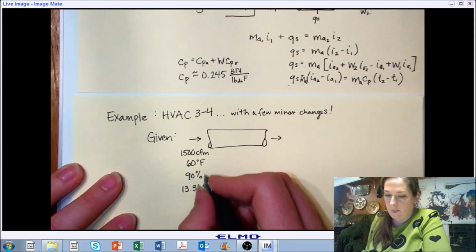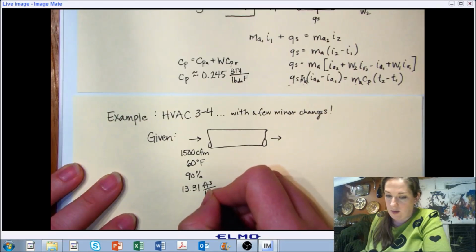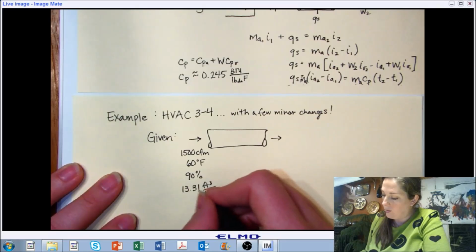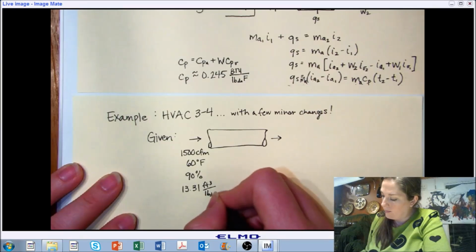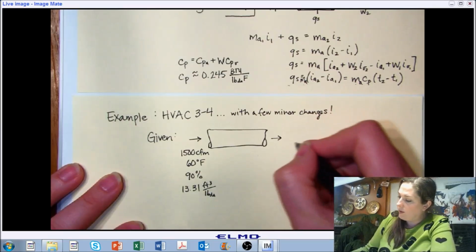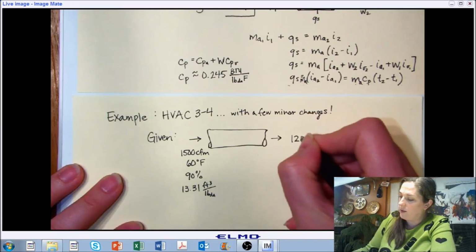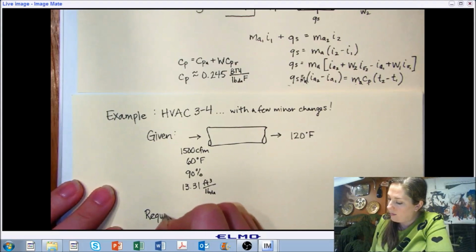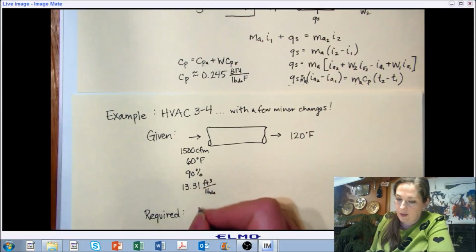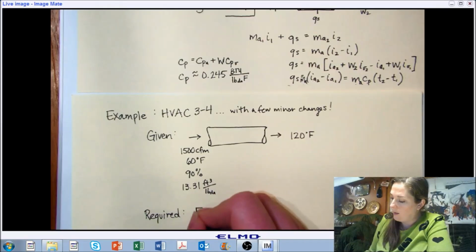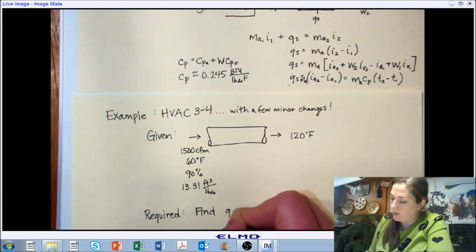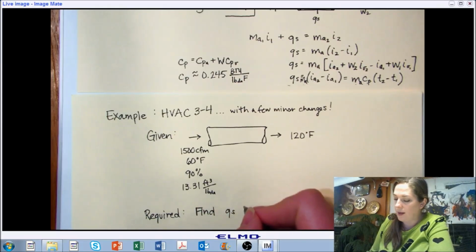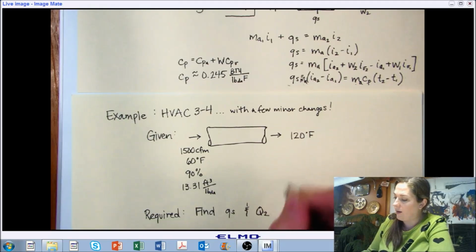And the third property we're going to need on that is the density, so it's 13.31 cubic feet per pound of dry air. And then we know that we want our air to leave at 120 degrees Fahrenheit. And we have been asked to determine how much sensible heat we need to supply, as well as to tell us what's the volumetric flow rate of the air coming out.